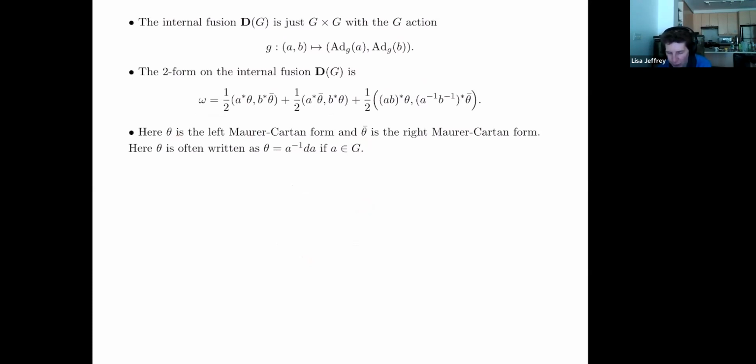Theta is often written, if you write your group variable as A, as A inverse dA. These spaces have a two form, which is not closed and also not non-degenerate, but it accomplishes some of this.